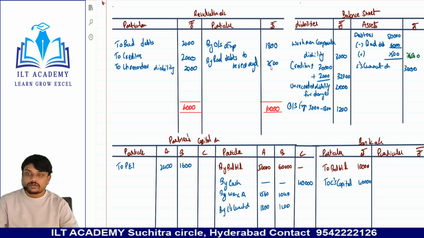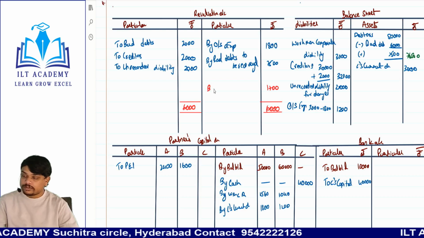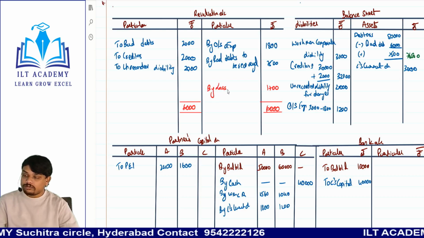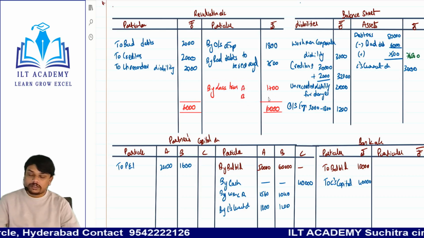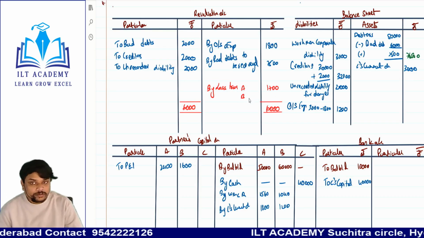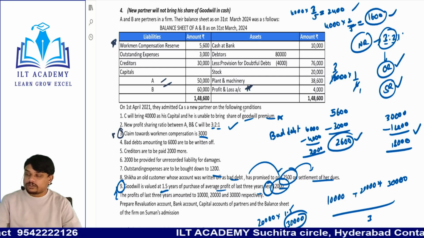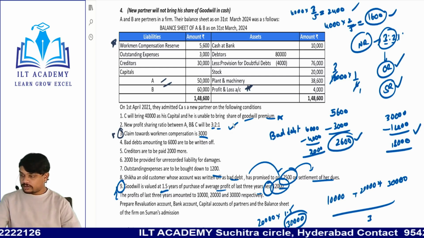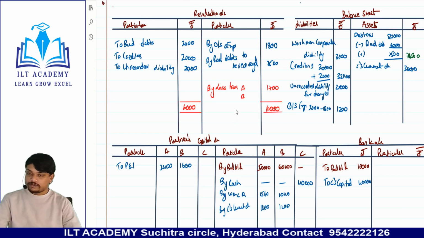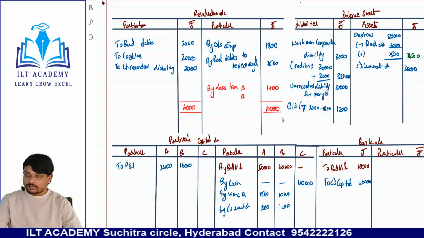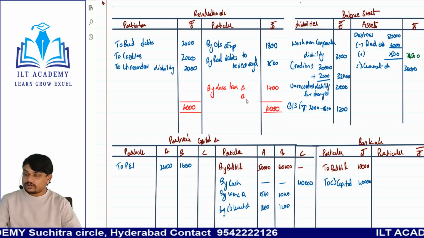6,000 में से ये निकाल दो, 4,300 will be 1,700 by cost run. So A and B, 1,700. What is the ratio? 3:2.